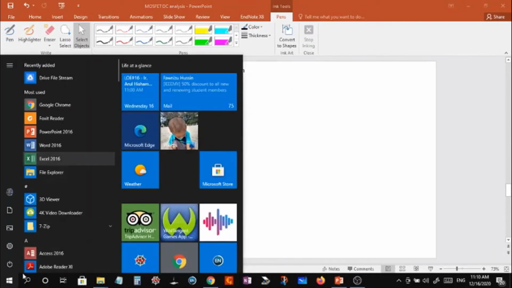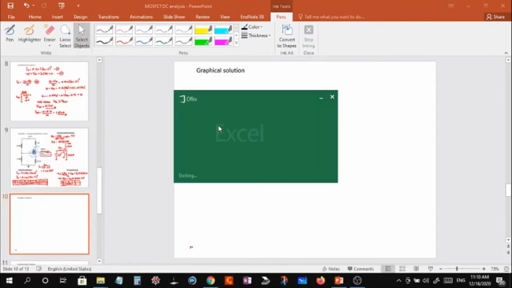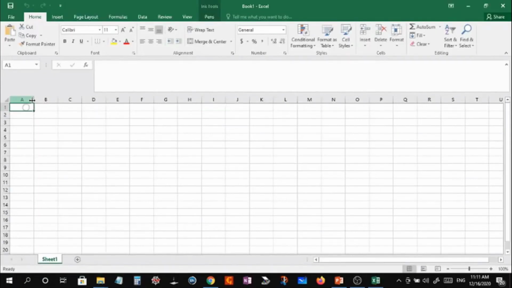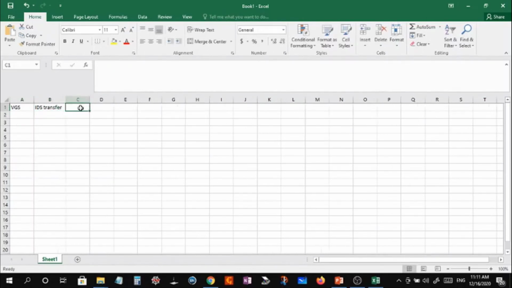For demonstration, I will use Excel so that we can have the graph. Let's say this is your VGS, and then this is your ID transfer, and then this is your IDS KVL.